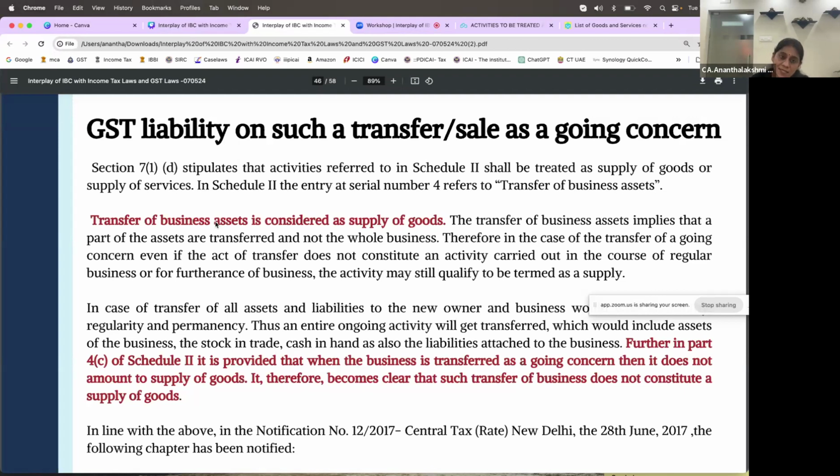Transfer of business asset is different, transfer of business is different, right? Transfer of business asset is considered as supply of goods. When it is supply of goods, GST comes into picture. But transfer of the business as a going concern, it is to be seen whether it is taxable or exempt. We will see.